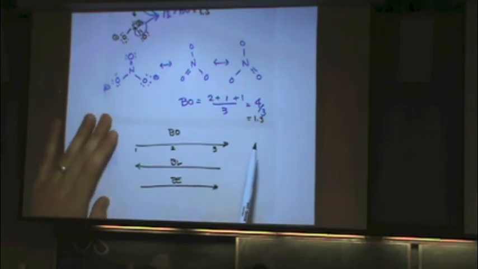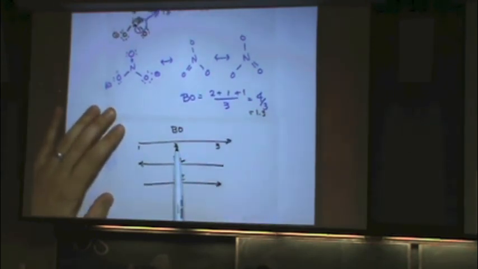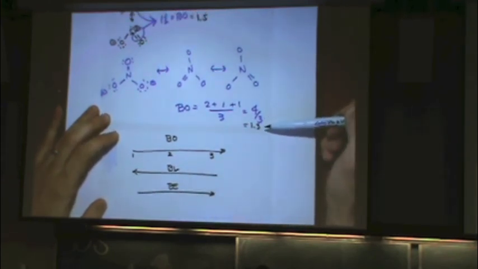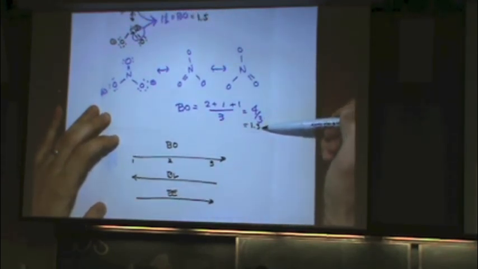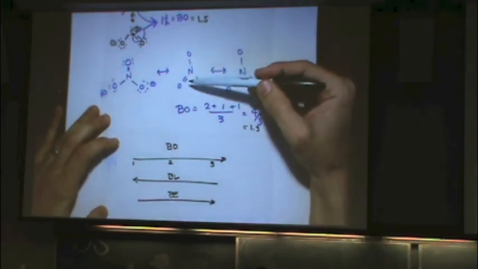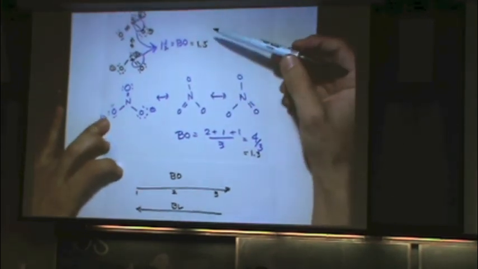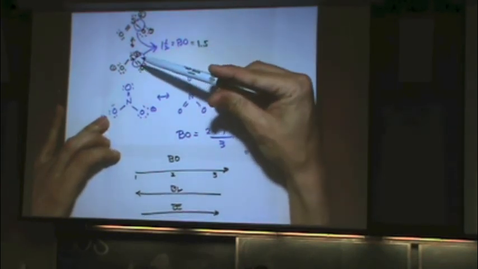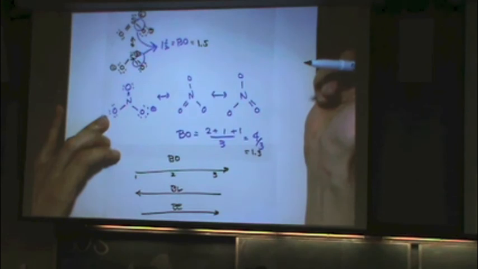I'll try here. The bond order for the bottom one is shorter, so the length is longer. Okay, so this one is a shorter bond order, so a longer bond length. So the nitrogen-oxygen bond length would be longer here, and this one with a higher bond order will have a shorter bond length between the sulfur and oxygen. Okay?